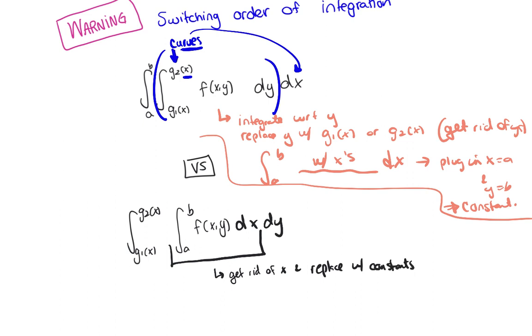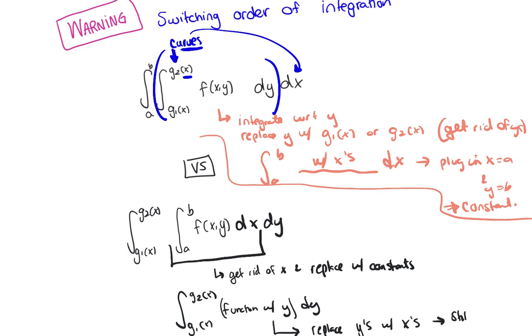But then I have the integral g1 of x, g2 of x, of some function with y dy. So if I think about doing that, this is going to make me replace, after I take the antiderivative, the y's with x's. So I still have x's at the end. And I definitely don't want that. I don't want to end up with a function of x. I want to end up with a constant.